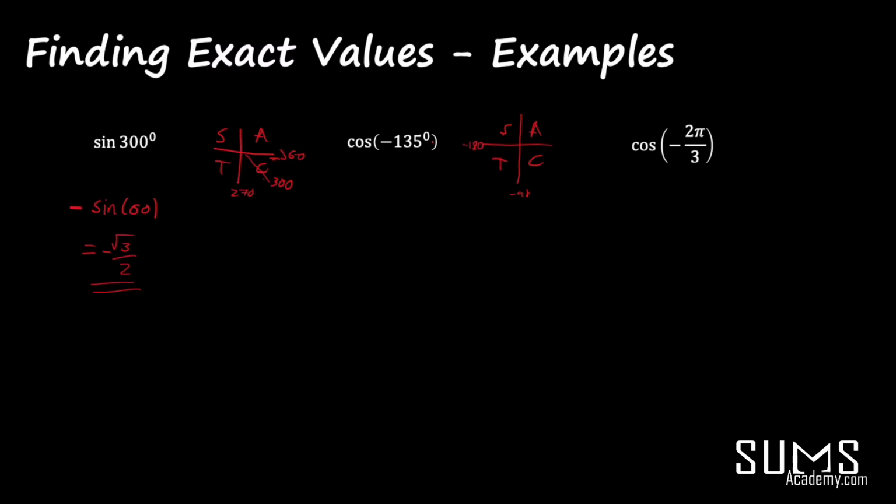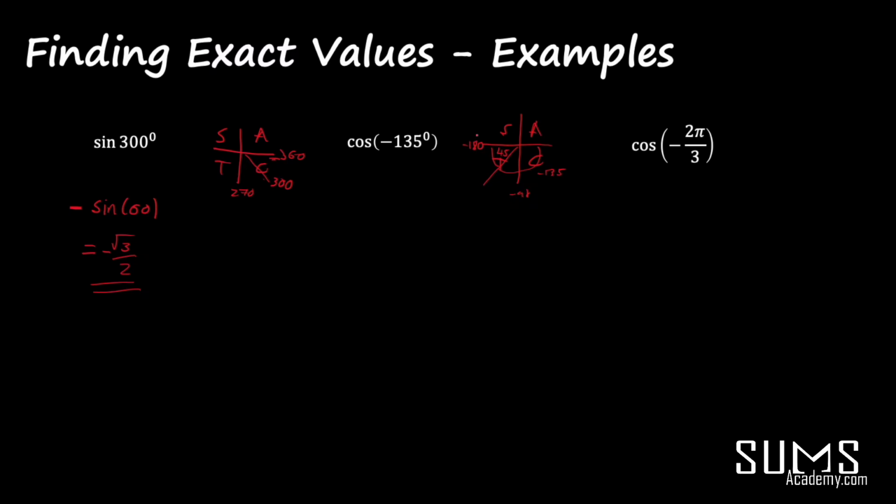So negative 135 is going to appear somewhere in here. You can think, how many degrees is it between this here and this angle here? It's going to be 45. So we've figured out our acute angle here.